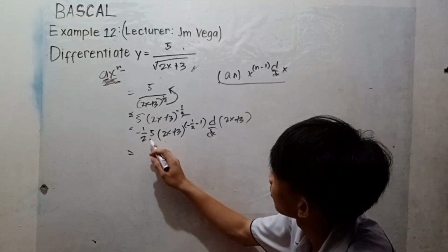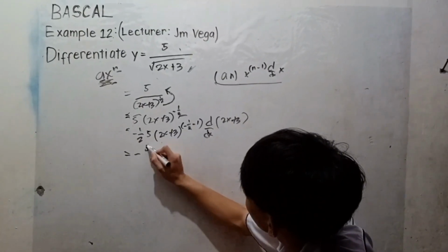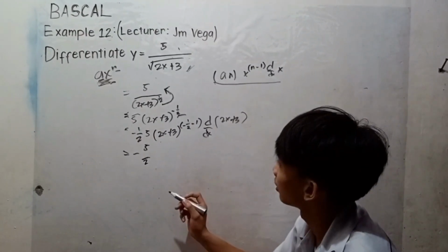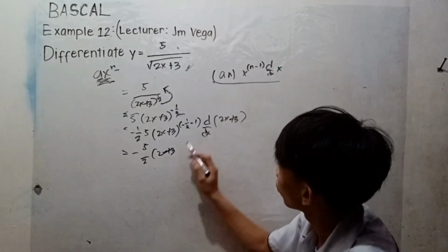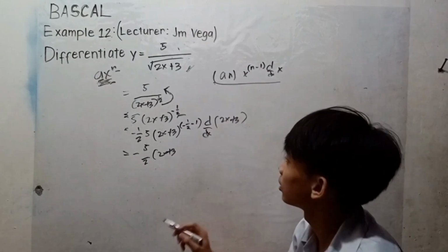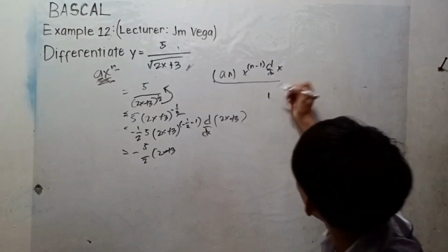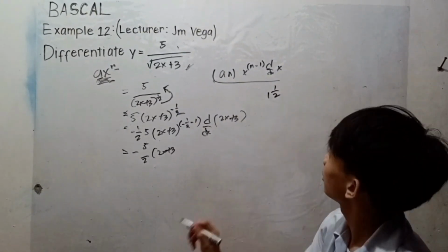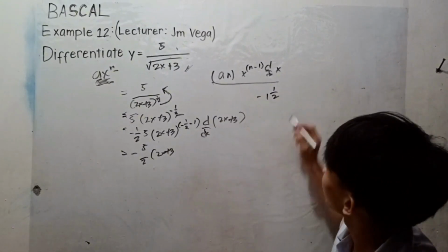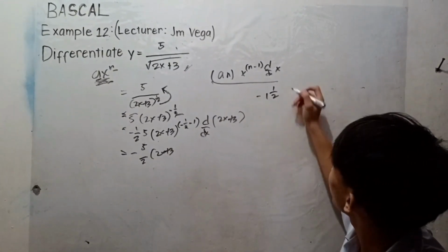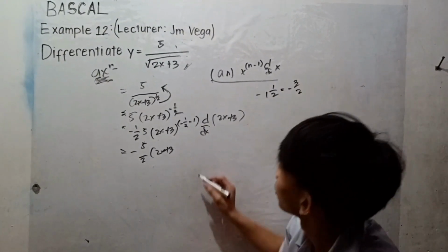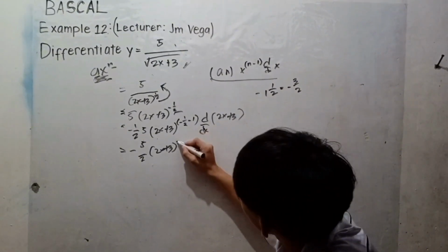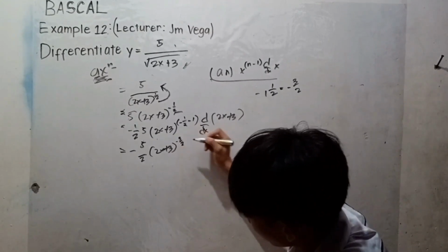Negative 1/2 times 5 is negative 5, and (2x plus 3). Negative 1/2 minus 1, if we change it to a mixed fraction, is negative 3 over 2.